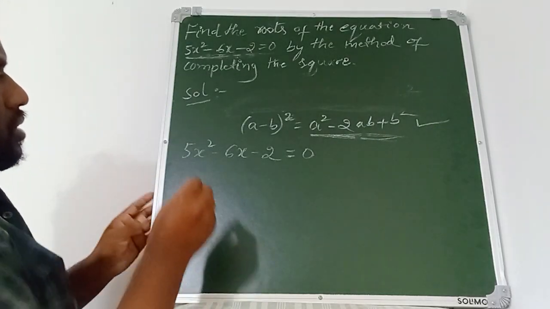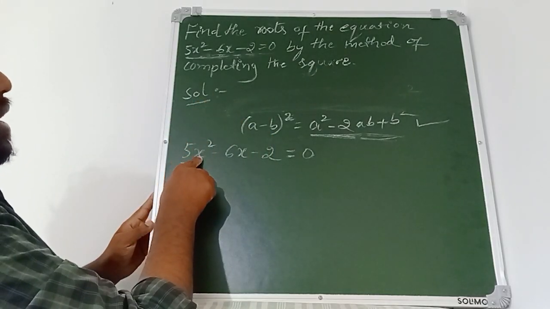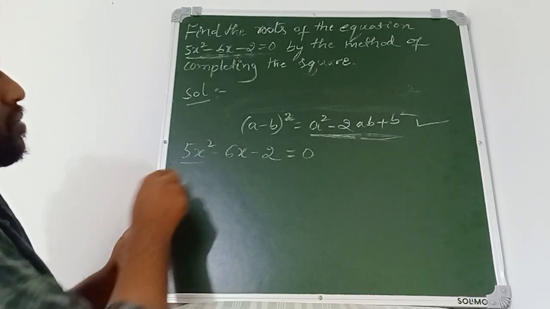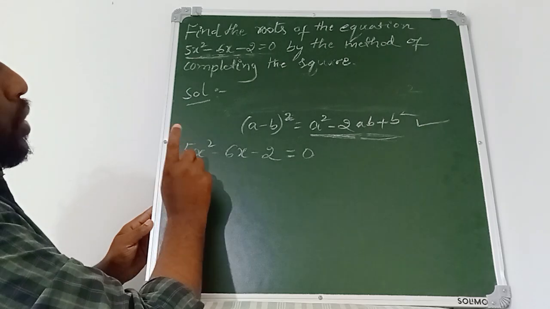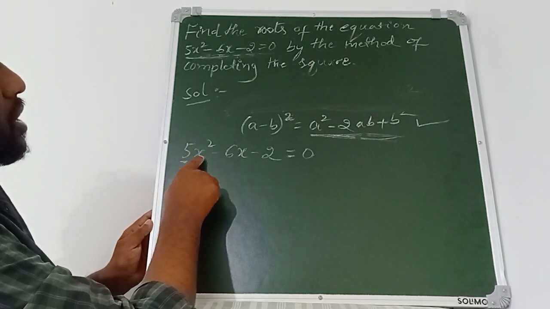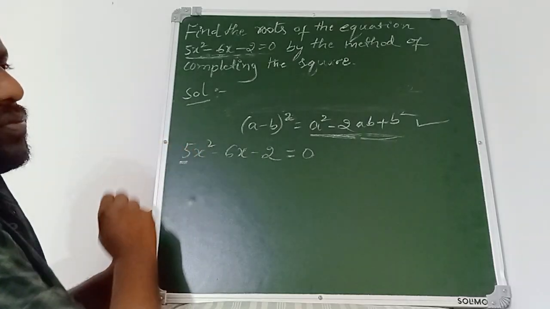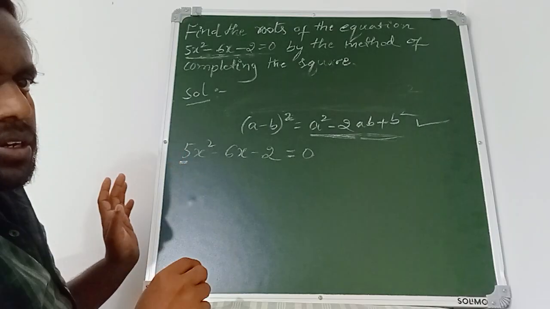Now first consider this x² term. Here x² is there. This number is the coefficient of x², so the coefficient of x² is 5. So check whether this is a perfect square or not.